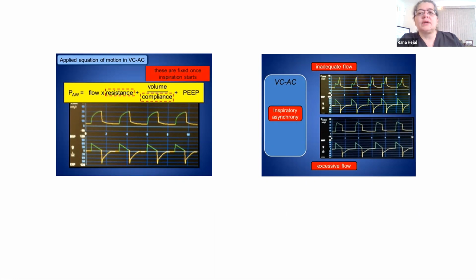When you have something like this, the patient is working very hard to breathe, and you have to readjust the flow for them to take it faster.